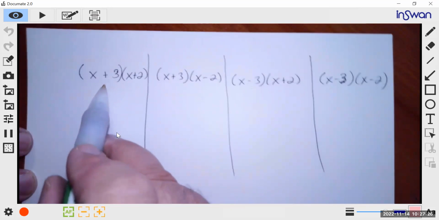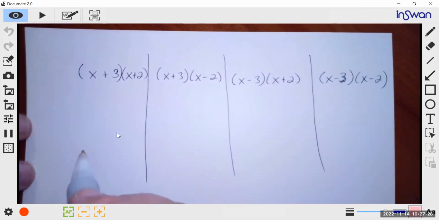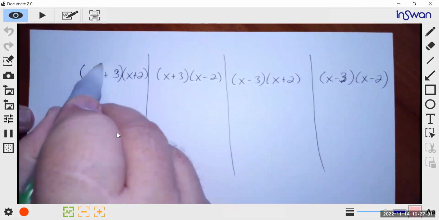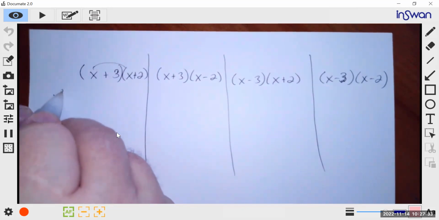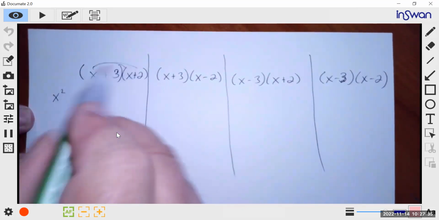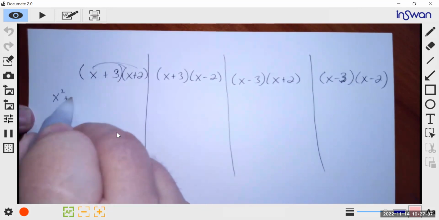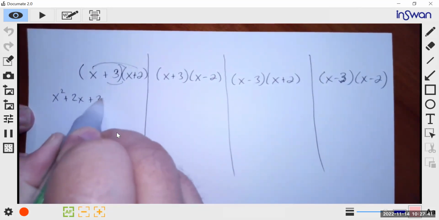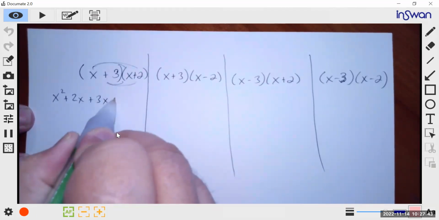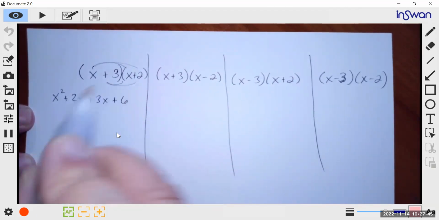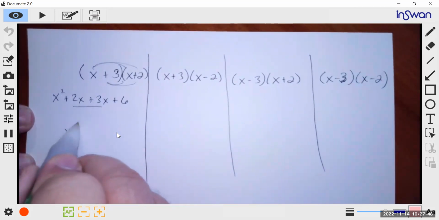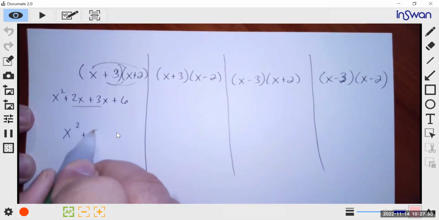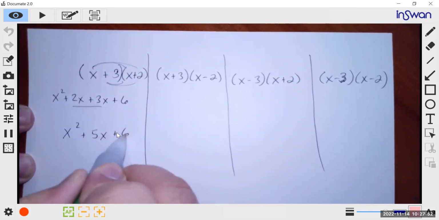So here I have x plus 3 times x plus 2. If we multiply these, x times x is x squared. Positive, positive. X times 2 is 2x. 3 times x is 3x. Positive, positive. 3 times 2 is 6. Combine like terms. 2 plus 3 is 5, plus 6.